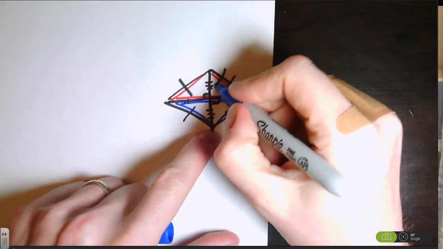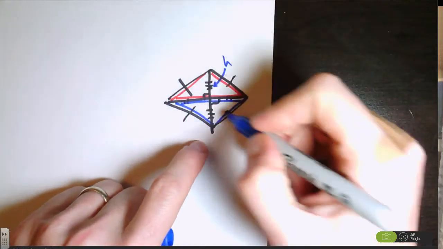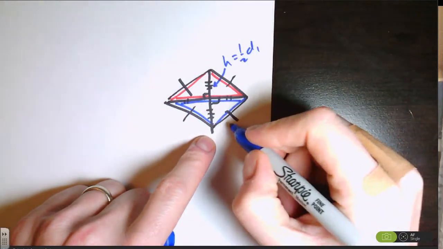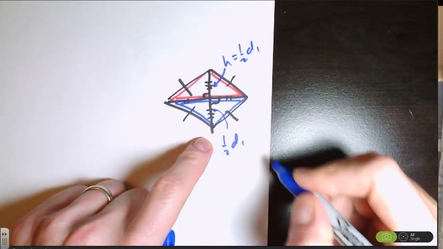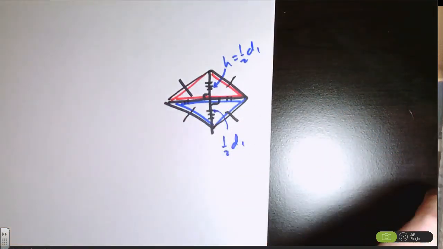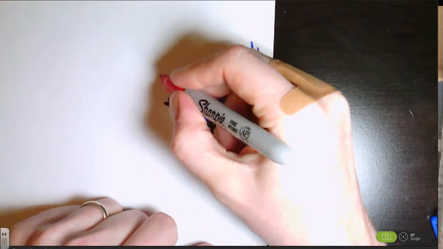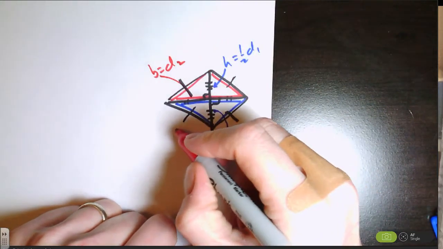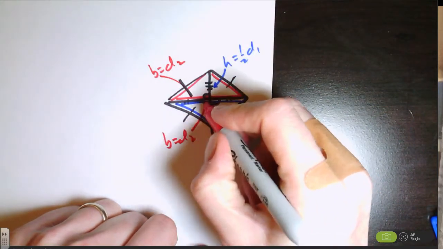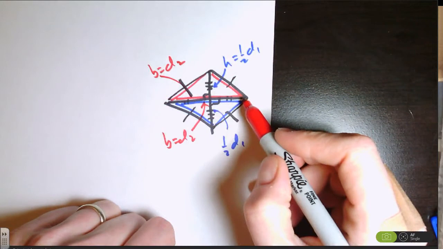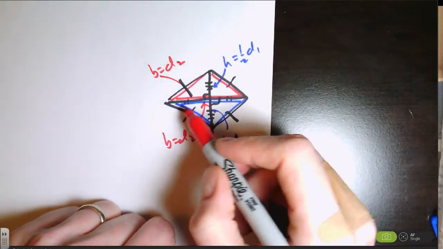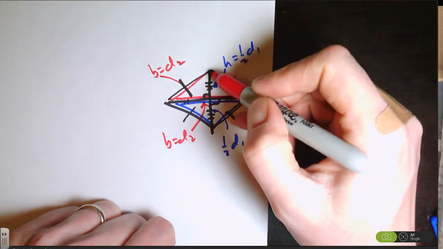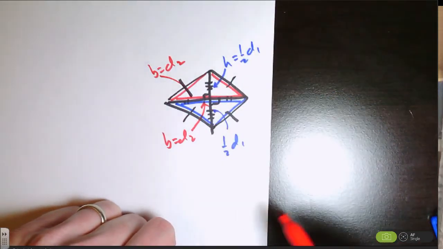The height for this guy here is actually half of one of the diagonals. I'm going to call it D1 for diagonal 1. This height, same thing, 1/2 D1. But for both of them, their base is the whole diagonal length. Okay, so here's the base, diagonal 2, diagonal 2. For this other one, the whole diagonal is diagonal 1, but this guy's half of it because it's been cut in half. This guy's half of it because it's been cut in half.